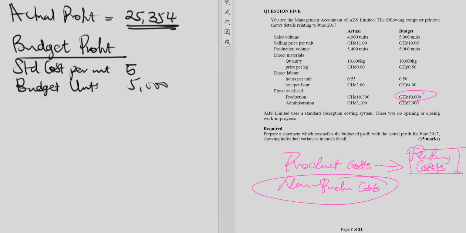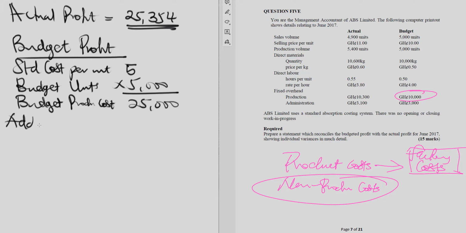So I know this must give me the budgeted cost. This will end up giving me the budgeted production costs. So the budgeted production cost is actually going to give me 25,000.